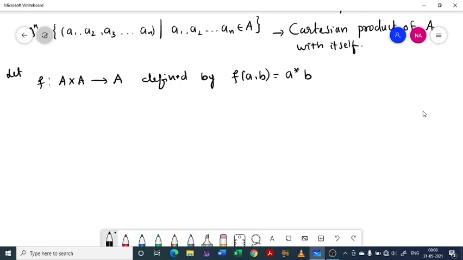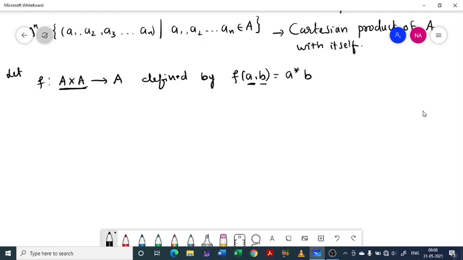What is this star? It is an operation, and in fact f itself is called an operation. It is defined on two elements, a and b. Don't use the word operation if it confuses you. It is a function defined on two entries. Such functions are called binary functions, or more often binary operations.